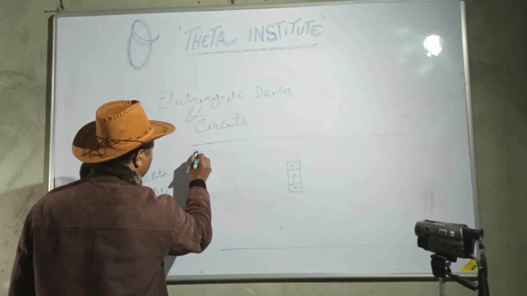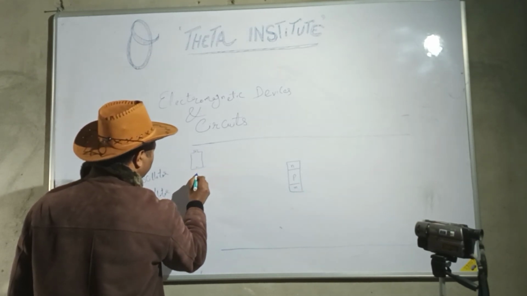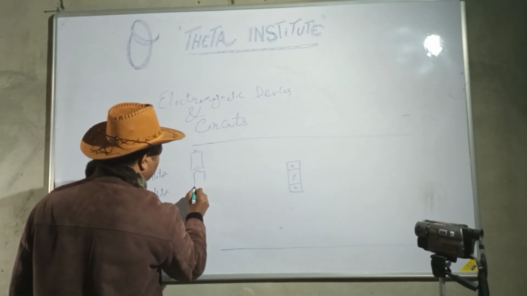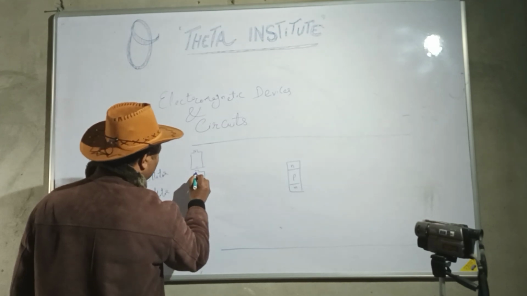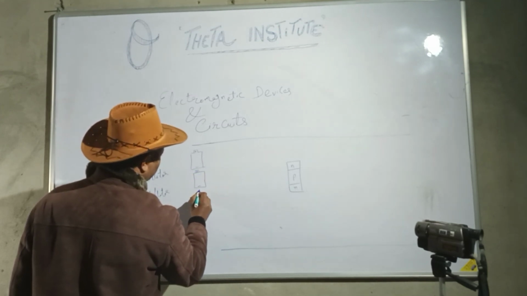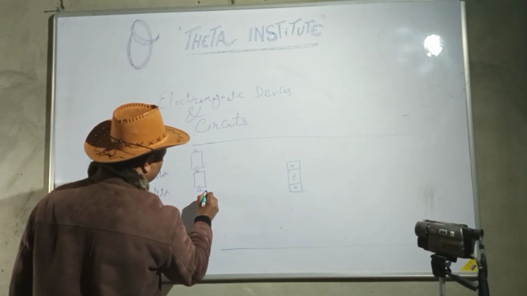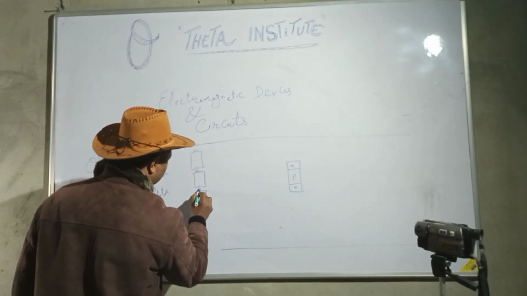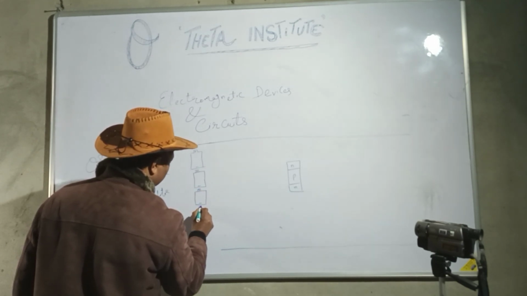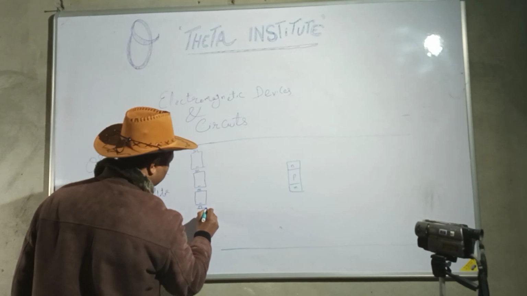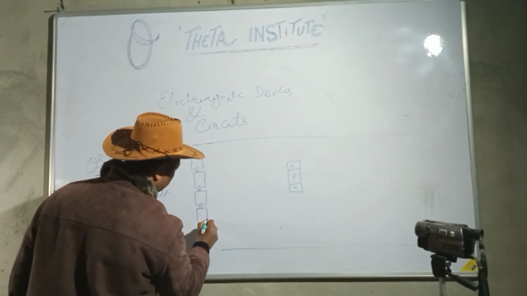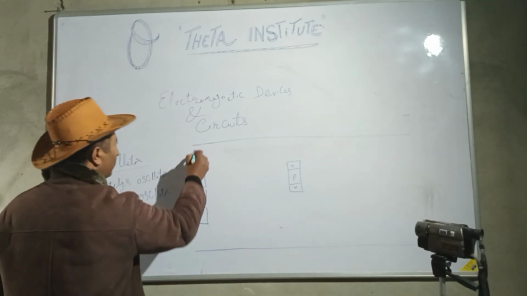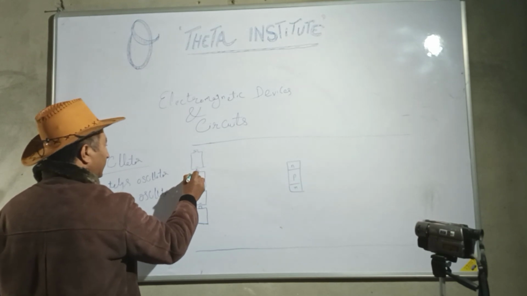One cell with positive and negative, again another cell with positive and negative, many cells we have to connect. So here are contacts.